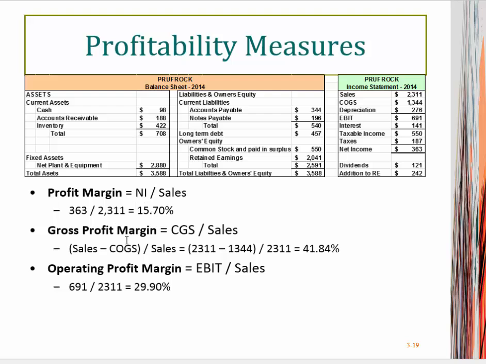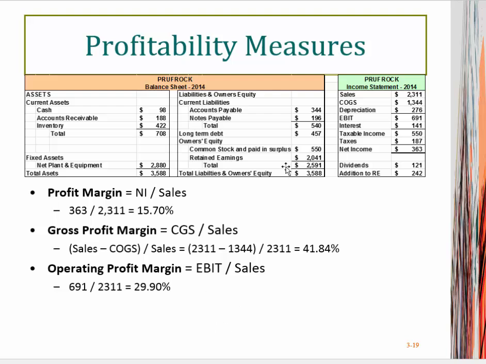So in this case, 15.7 cents out of every dollar of sales ends up at the bottom line. And of course, we would like to find ways to increase that if at all possible. But there are two other ratios that I think are just as important, if maybe not even more important, certainly from an internal performance perspective.